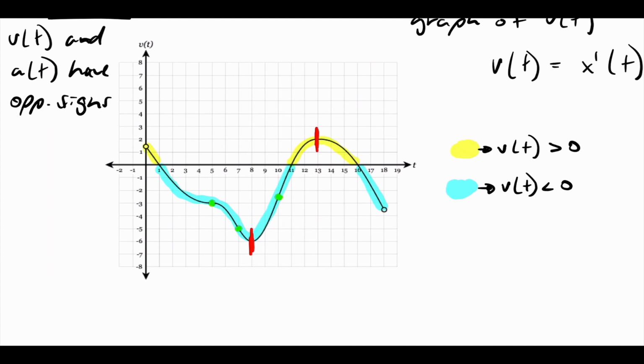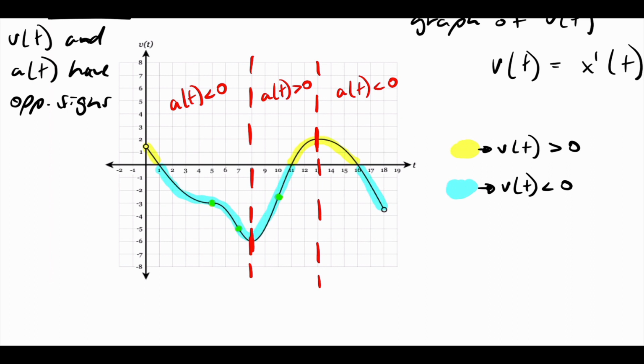Before that red, it's decreasing. Between the red, increasing, and then decreasing again, right? So let me section it off. This is where acceleration is negative because it's decreasing. This is where acceleration is positive because it's increasing. And this is where acceleration is negative because it's decreasing.